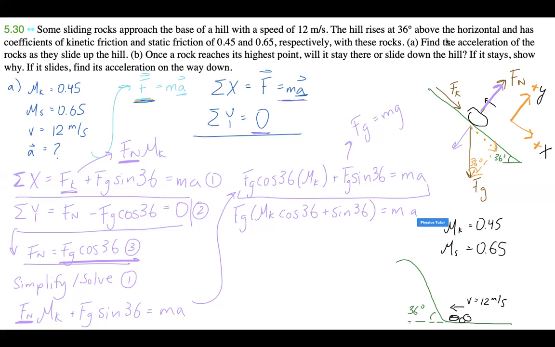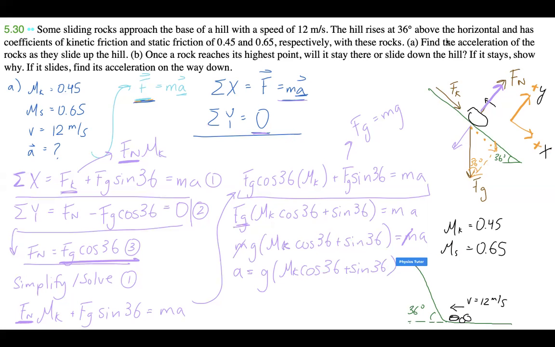And as we said, Fg is just equal to mg, so mg times mu k cos 36 plus sine 36 is equal to ma. Well, we can cancel out m and m. So then acceleration is just equal to g times mu k cos 36 plus sine 36.